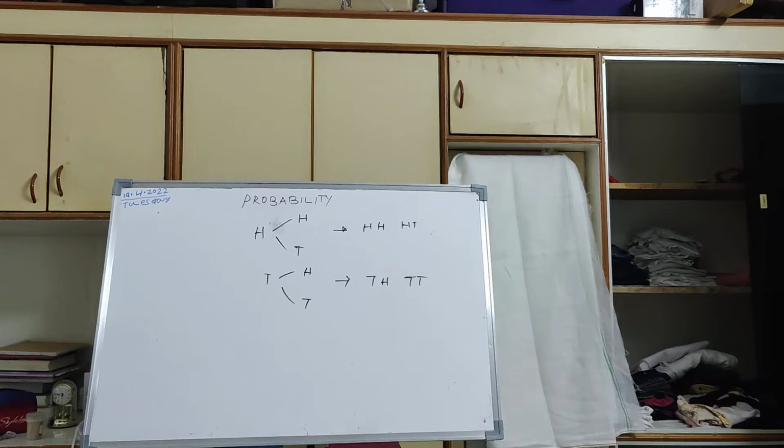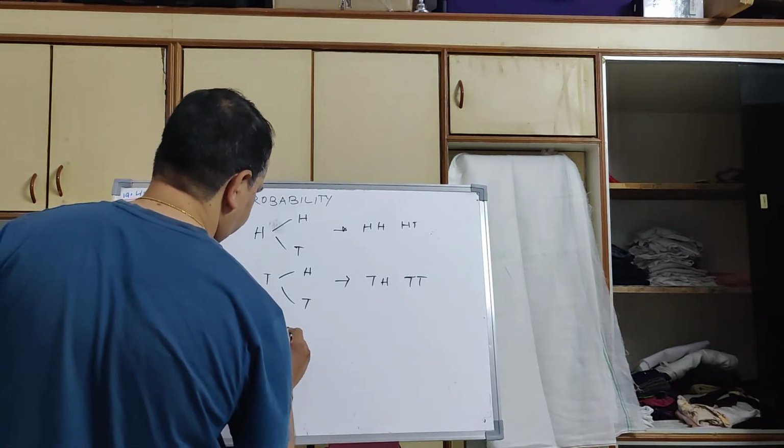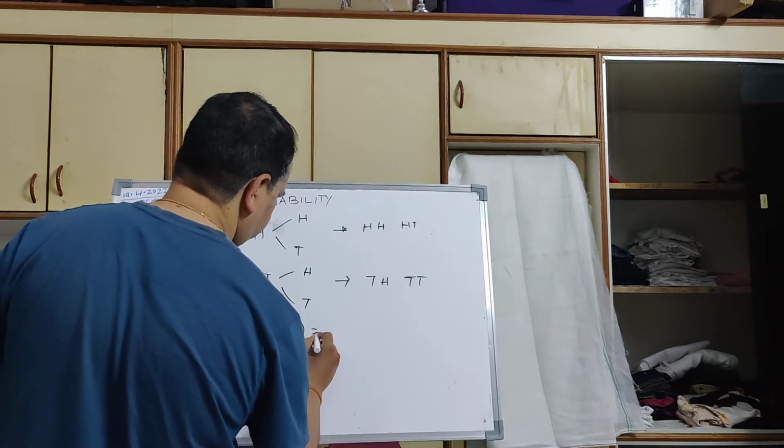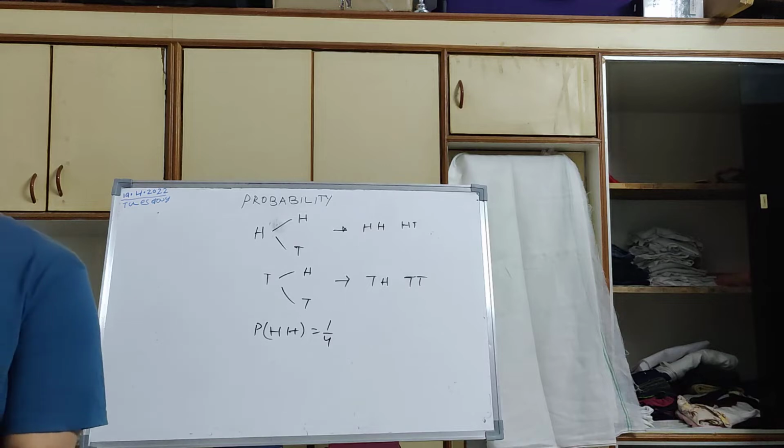So let's say the probability of two heads will be equal to 1 by 4, right? The probability of two heads will be equal to 1 by 4.